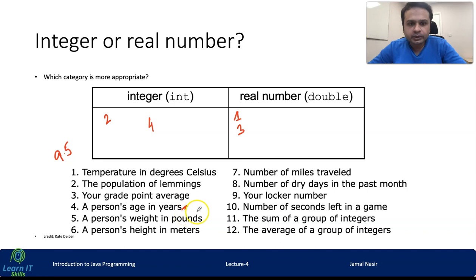A person's weight in pounds: it would be here. So if we have to store any floating value, decimal values, then we would use double. Otherwise, an integer would be fine.